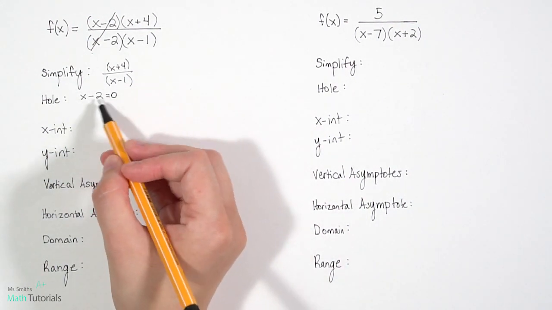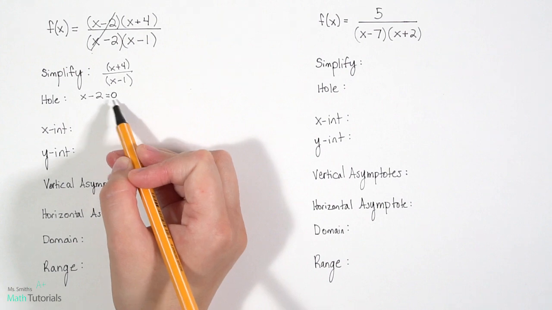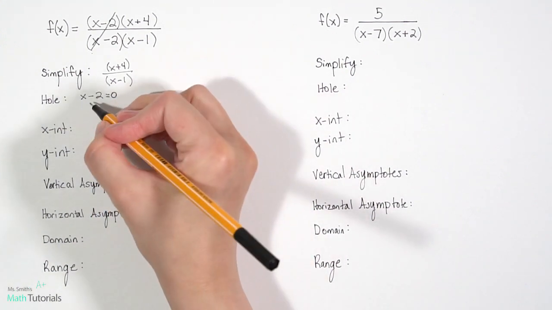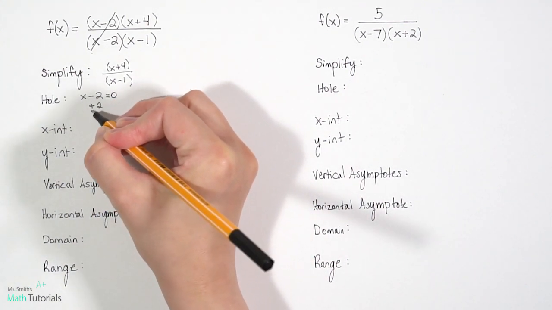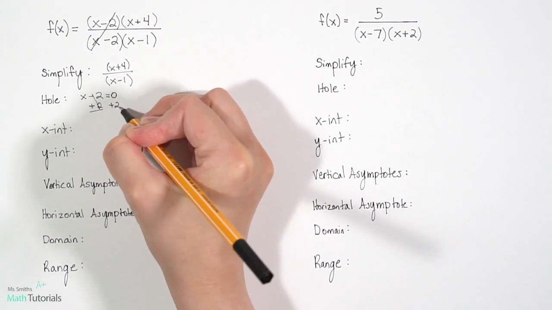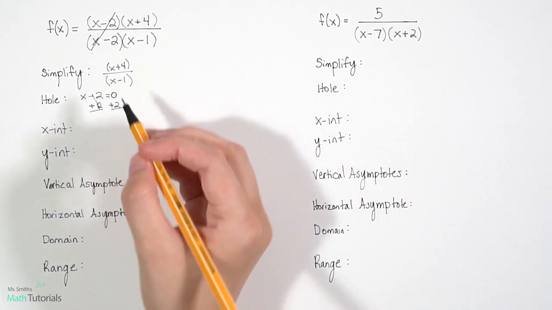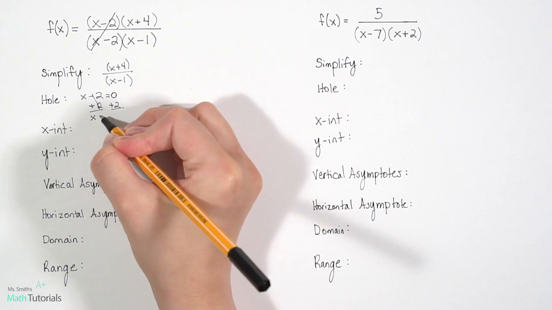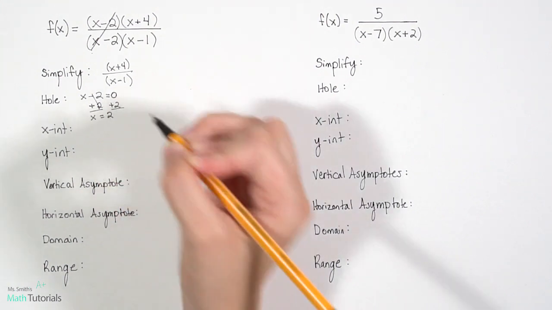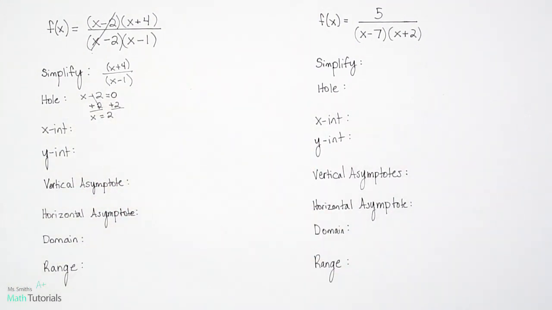So looking at this, it's just a one-step equation, right? x minus 2 equals 0. All I would need to do is add 2 to both sides. And now we just have our x equals 0 plus 2, which is 2. So now we know the x value of our hole. It's just 2.